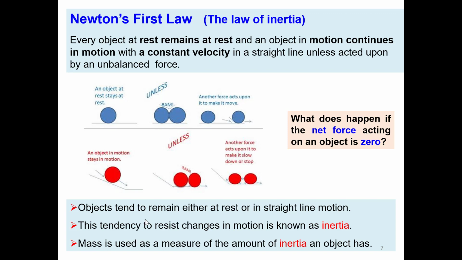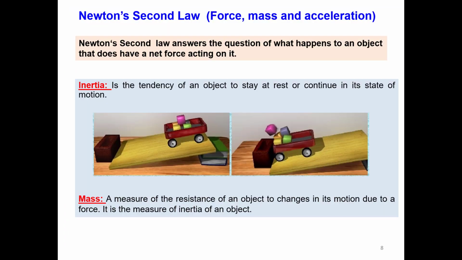More mass, more inertia. If we have an object with big mass, then to start moving that object requires more force. The tendency of that object is to stay at rest if there is not enough force to move it.